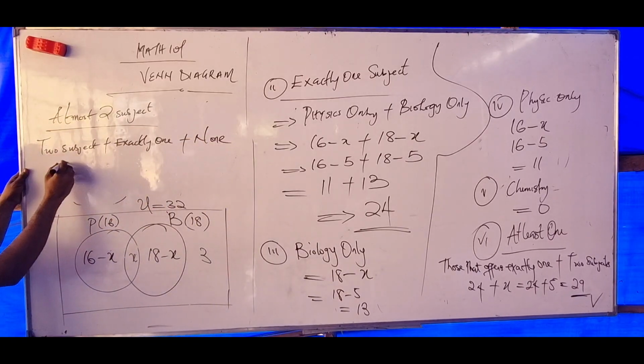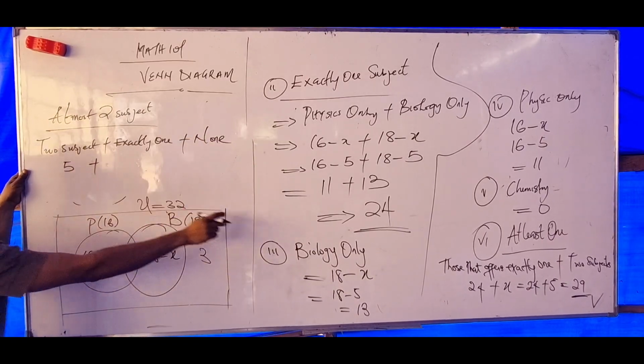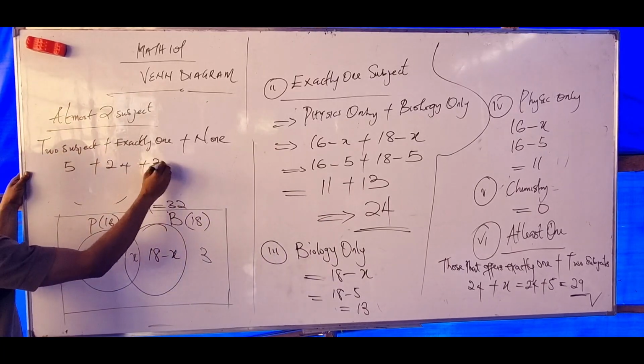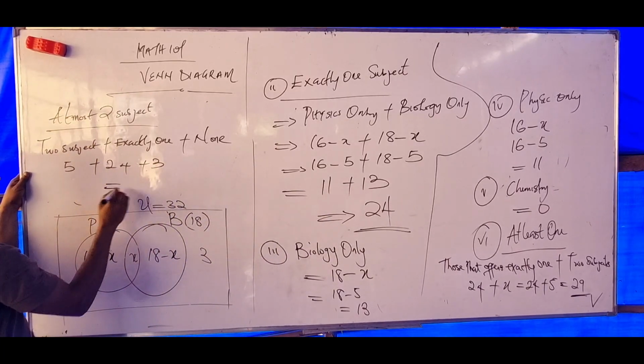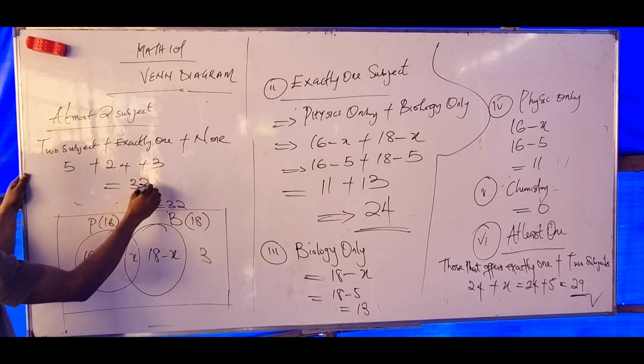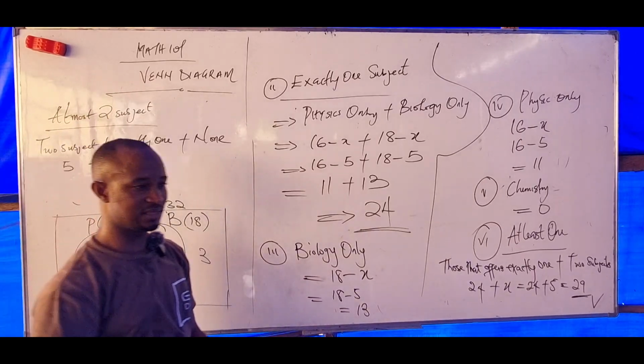What's 2 subjects? 5. What's exactly 1 again? 24. Plus 3. What do you have there? 30, the entire set instead.